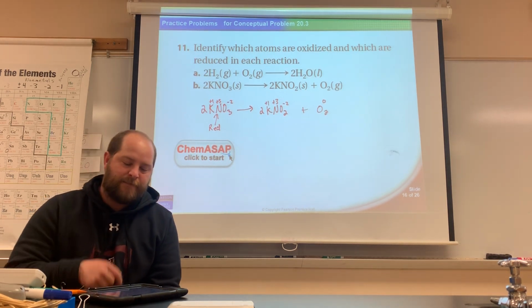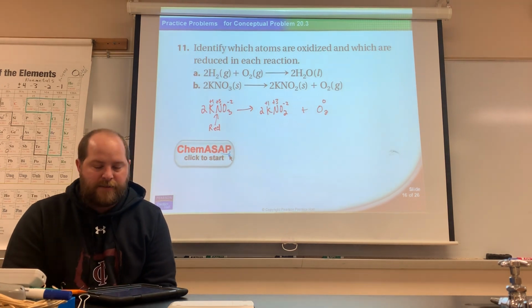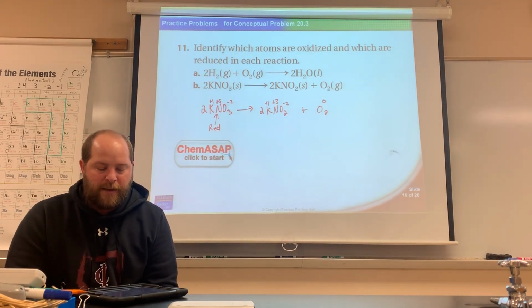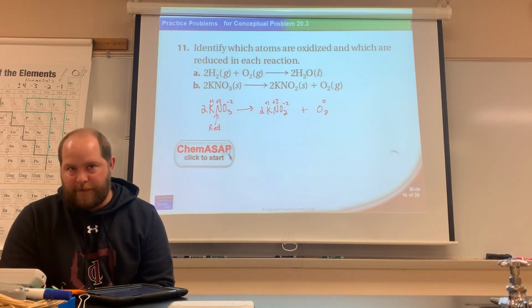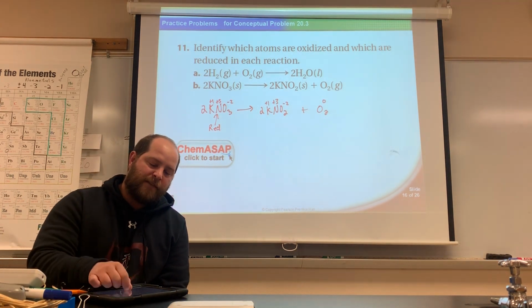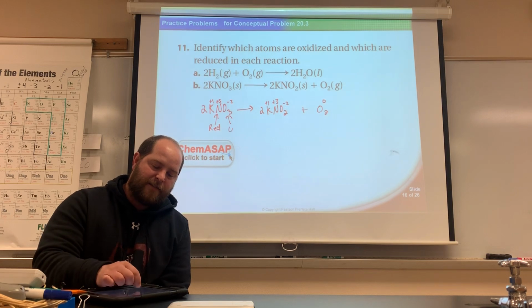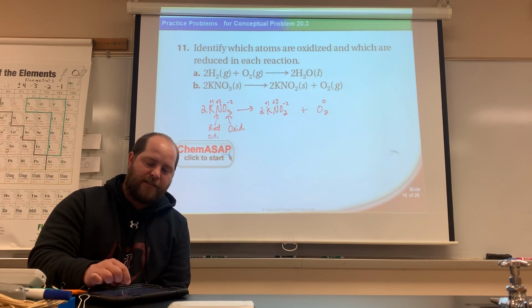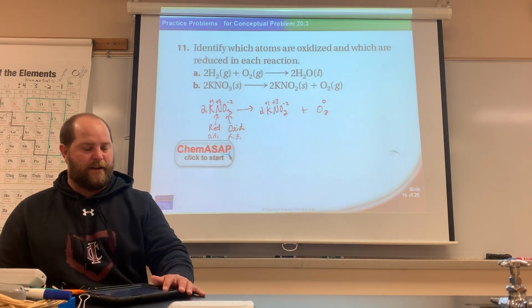Let's look at oxygen. Well, the oxygen is going from a -2 to a -2, but there's a free and uncombined oxygen that's a 0. So that means that guy just got oxidized. The number went up. So if you flip the terminology, this would be the oxidizing agent, this would be the reducing agent. All right.